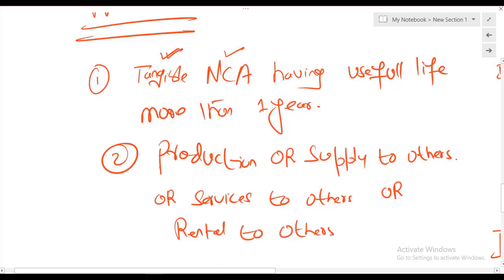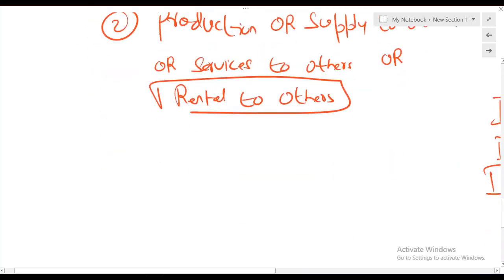Question: what do you mean by rental to others? Let's say I have a property which I have given on rent. Now there's a question and there's a confusion as well. If we have given a property on rent and we are going to apply IAS 16 on that property, the confusion is that in IAS 40 investment property, we also provide properties on rent.